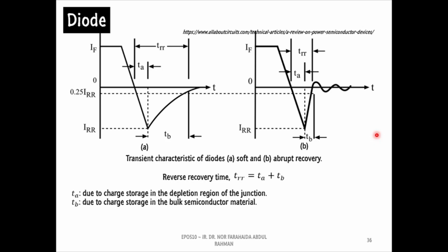When the diodes turn off, the current conducted by the diode decreases until negative values before it becomes zero. The time taken for the current to reach zero is called reverse recovery time or TRR.